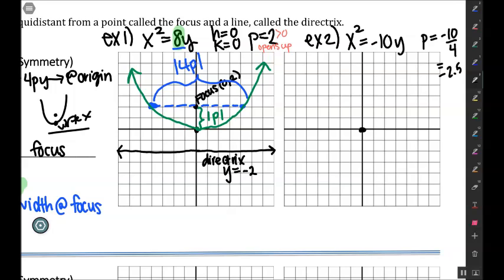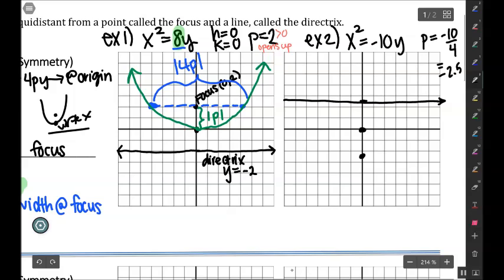So since it's going to open down, my focus is going to go downward 2.5, about there. My directrix is going to go upward 2.5, so about here. Okay, my focal width is the absolute value of -10, or 10.